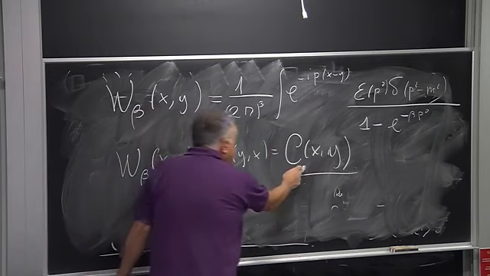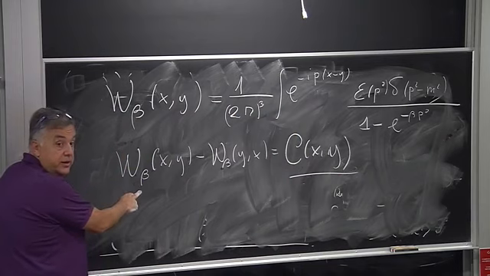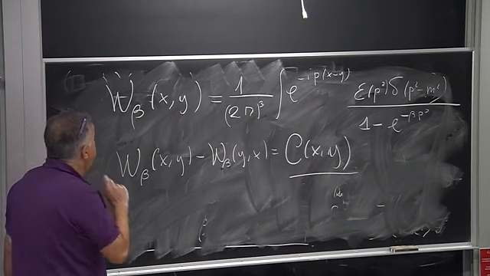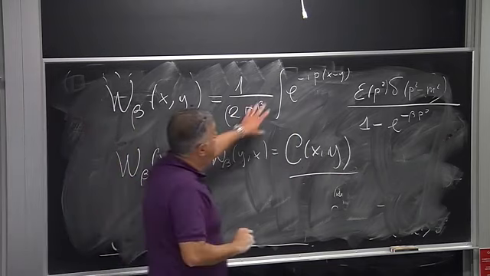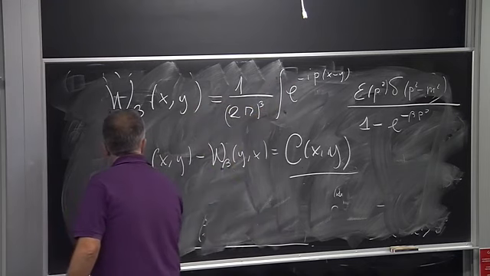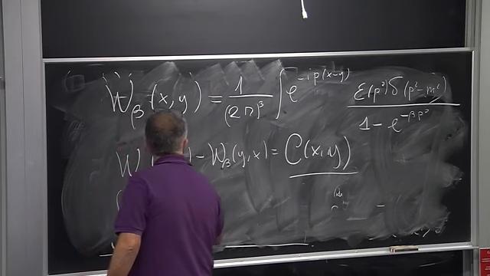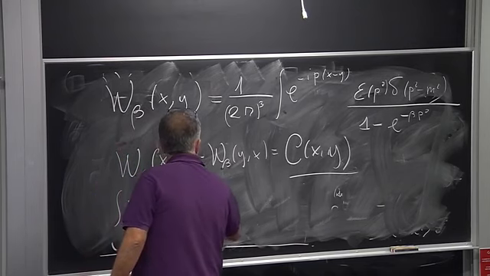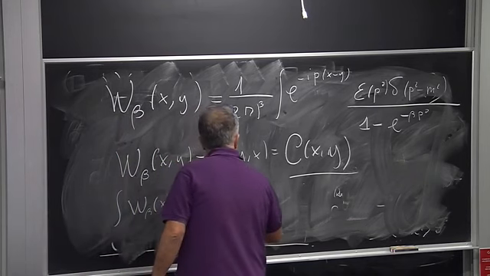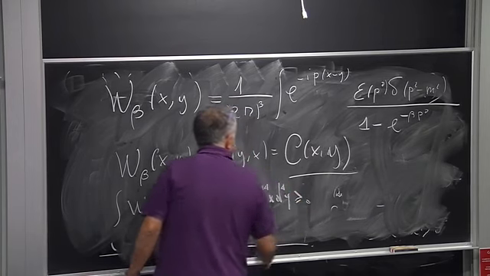The commutator does not depend on beta, while the two-point function depends on beta. And you have to check positivity of this thing. So you have to check that if you compute this thing, this is greater or equal than 0.